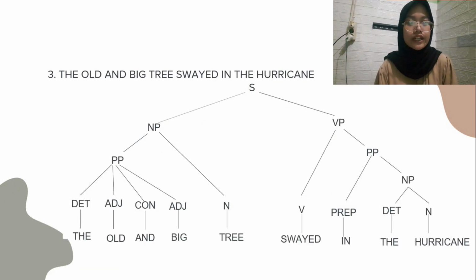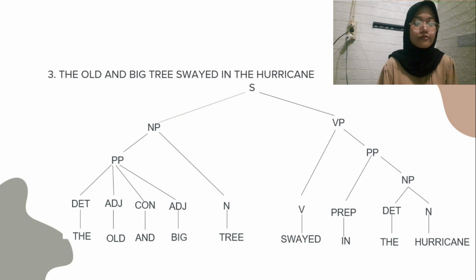Number 3. The old and big trees sway in the hurricane. So the sentence is divided into two: noun phrase and verb phrase. The noun phrase is divided into two: prepositional phrase and noun, trees as a noun. The prepositional phrase is divided into four: the as determiner, old as adjective, and as conjunction, big as adjective.